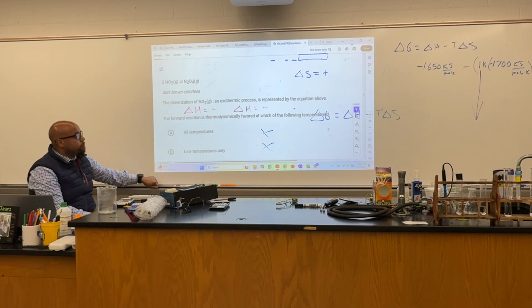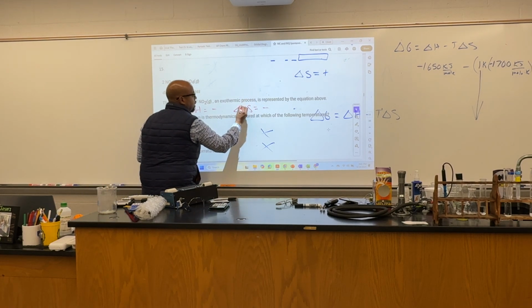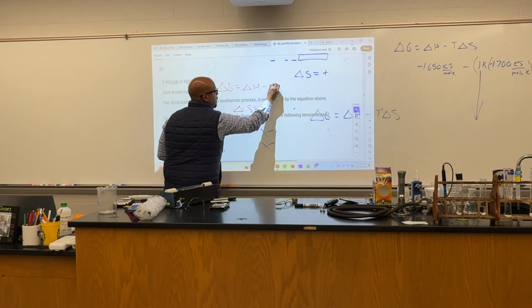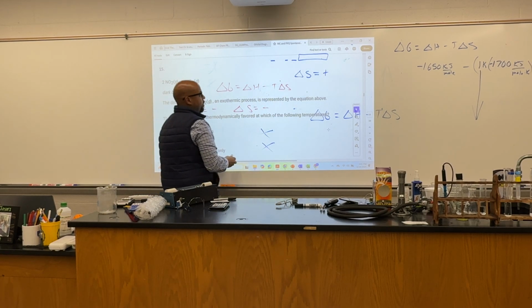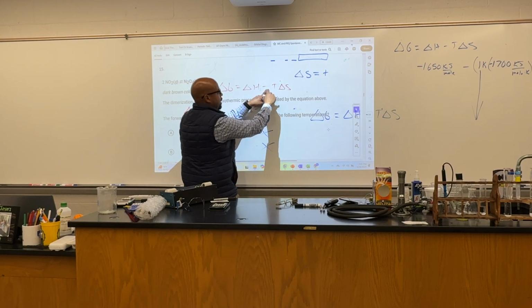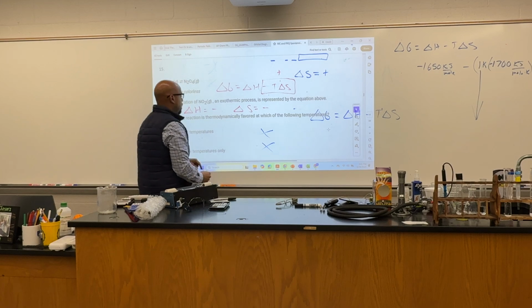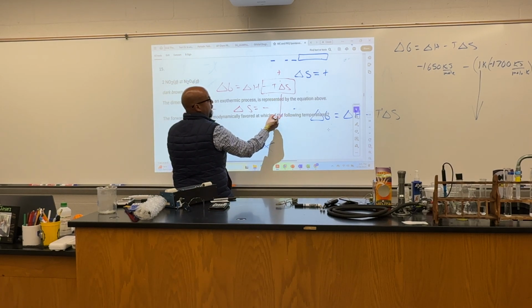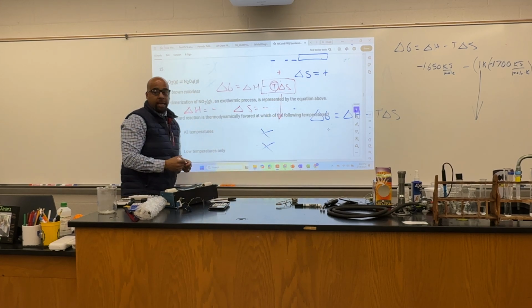I need that temperature to be low, because when you go delta G equals delta H minus T delta S, this negative sitting here times that negative is going to give me a net positive. I need this to be a really small net positive, and the only way I can drive that positive down is to drive that temperature down in this case.